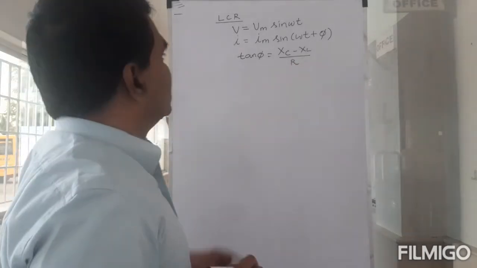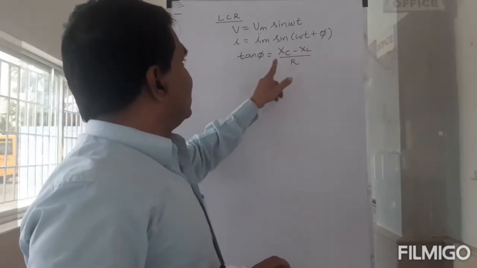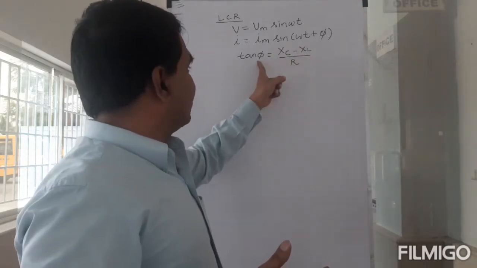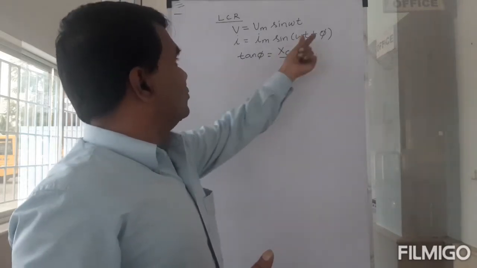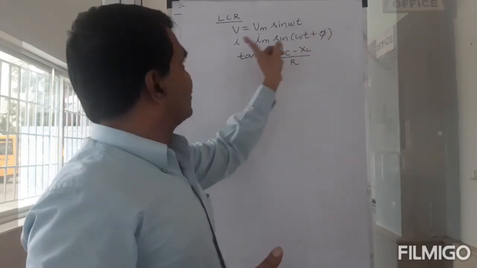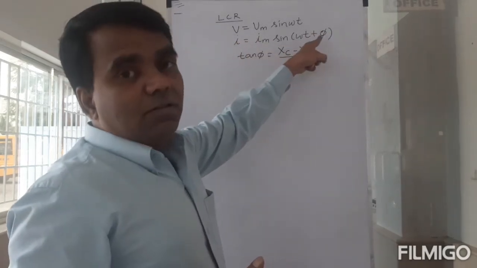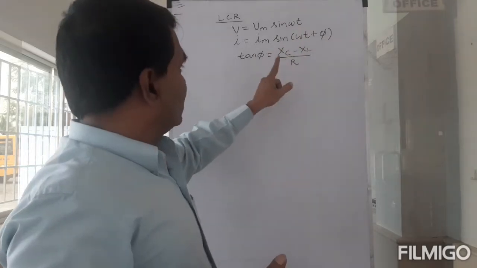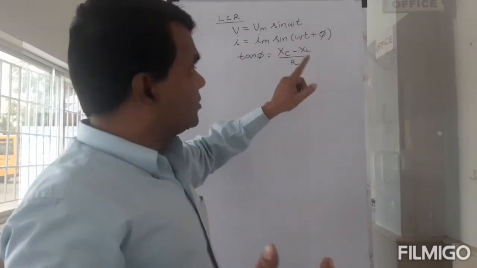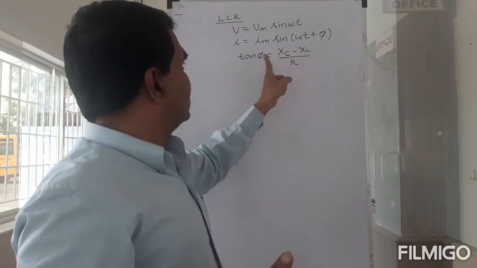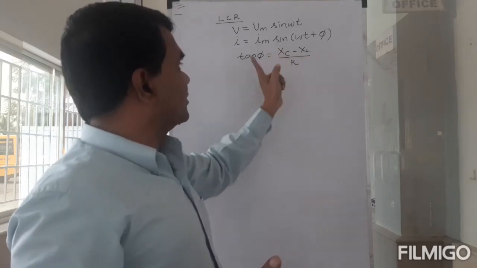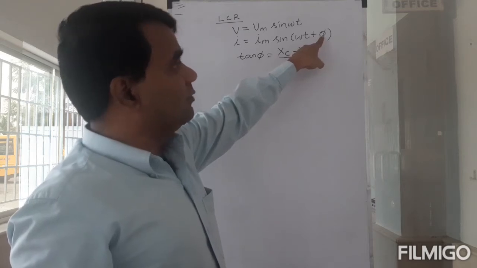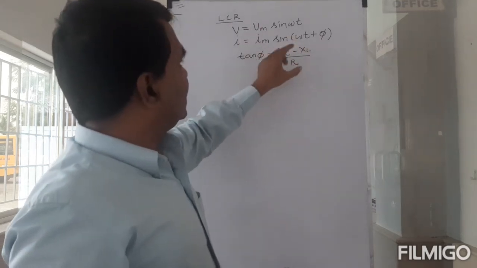If it's an inductive circuit, this will become a negative number, then phi will become a negative number, so automatically we will lag the current. Or if it is a capacitive circuit, then this will become a positive number, then phi will become tan inverse of a positive number, so the phi value will be positive.